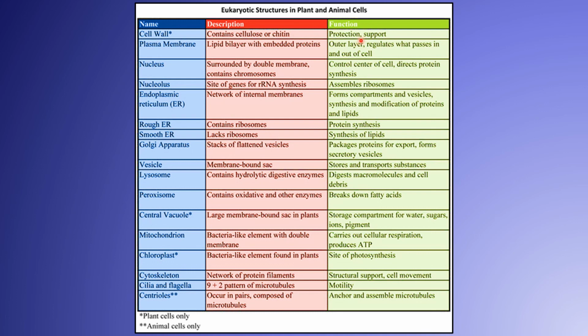And it gives you the function. Cell walls protect and support. Here's the plasma membrane, which regulates what passes in and out of cells. The nucleus is the control center of the cell. You can go through that chart on your own, just a little study aid for you, looking at the various structures inside of cells.